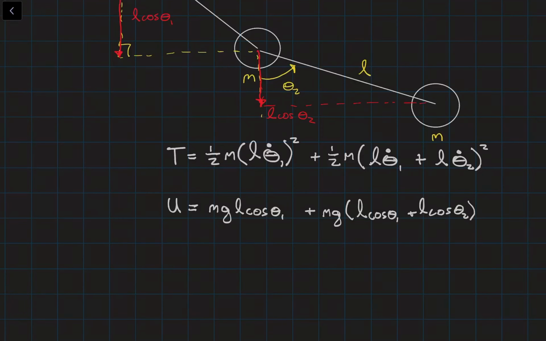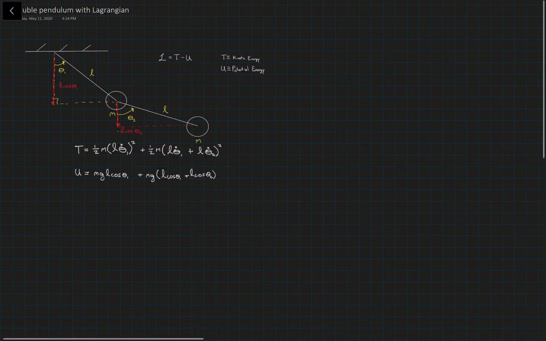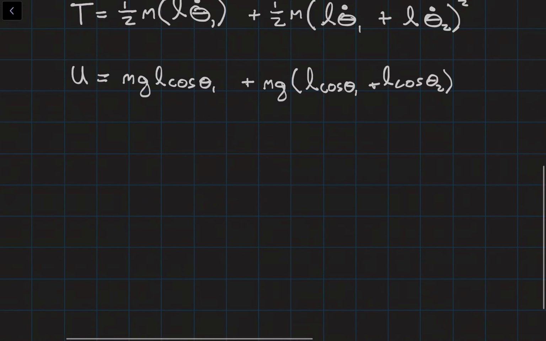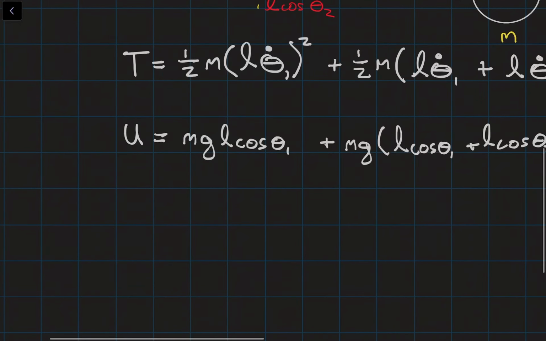So just to remind you, we'll zoom back out. The Lagrangian is the kinetic energy minus the potential energy. So we can simply write that, substituting in.